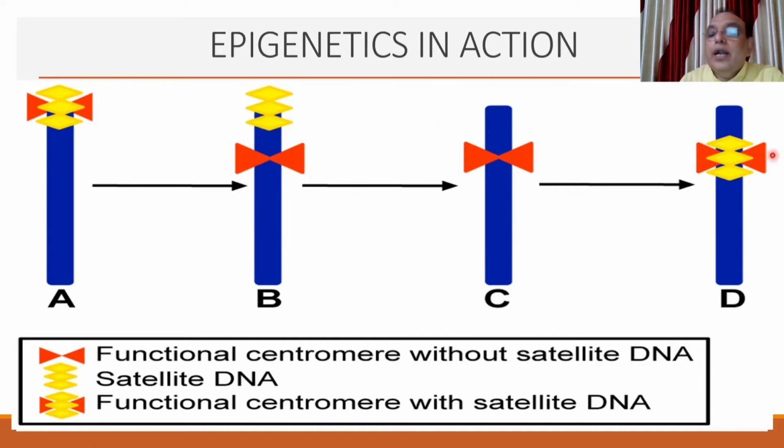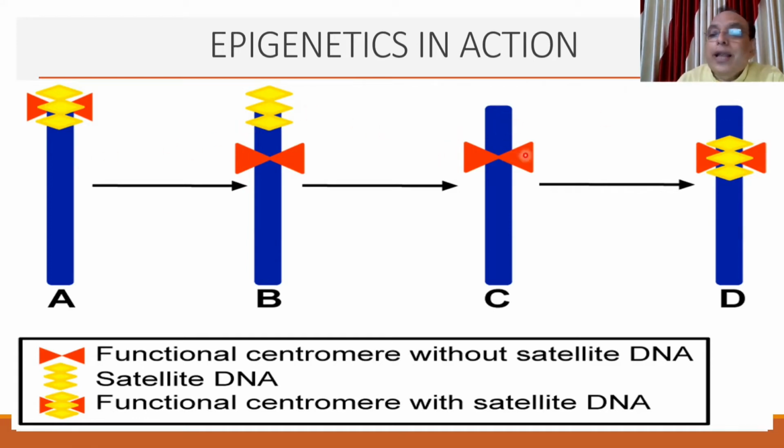So what happens? Ultimately, this satellite DNA shifts to the point where the centromeric protein was attached. And so it has become a well-organized centromere called the neocentromere, and this point has lost its centromeric property.